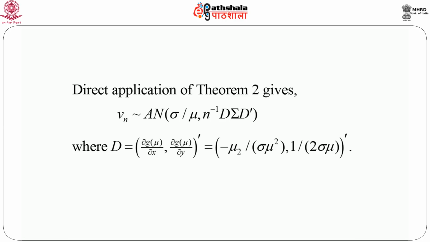And this dispersion matrix is obtained by calculating capital D, where D is nothing but the partial derivative with respect to x of g at mu and the partial derivative with respect to y of g at mu, which is in fact minus mu 2 by sigma mu square and 1 by 2 sigma mu. Just a little manipulation will give us these values.